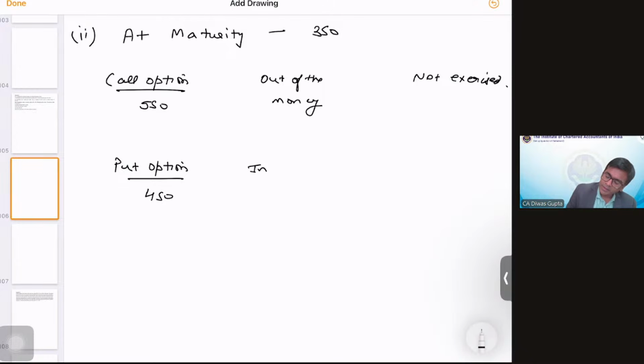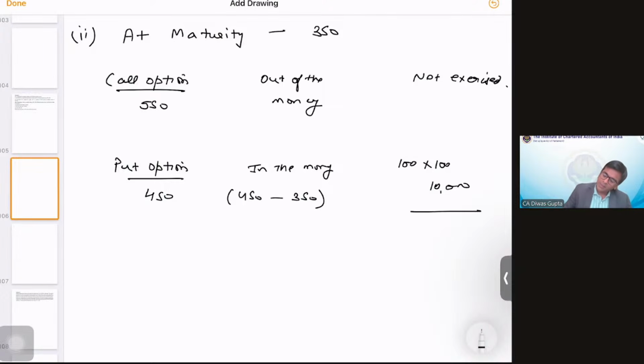Because we will use this contract to execute, since outside the market I am only able to sell at 350. Under this contract I will be able to sell it at 450. So there is a 100 rupees gain, correct? That is why it will become in the money. So 100 into 100, 10,000 will be the gain.